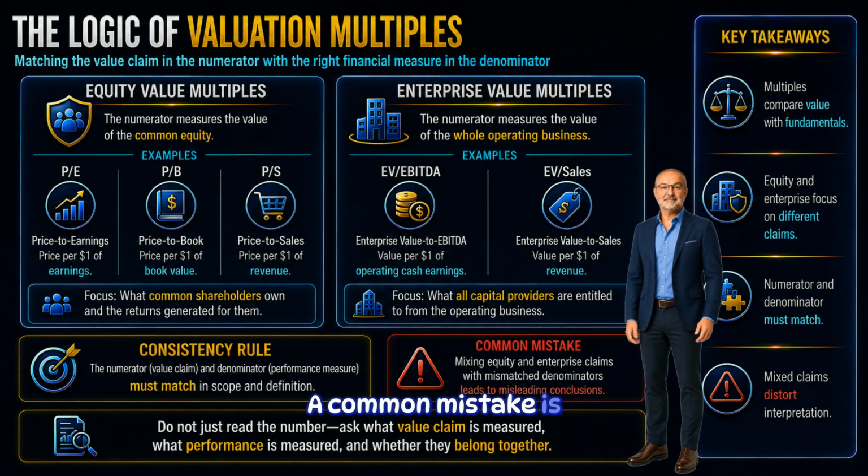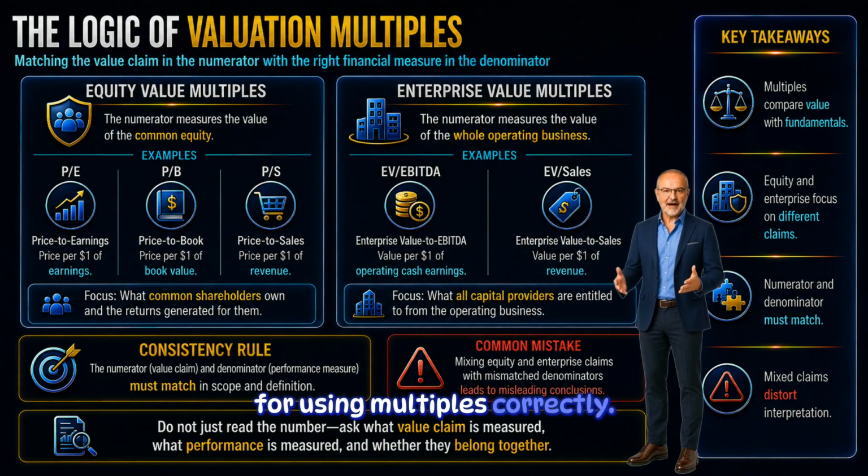A common mistake is mixing claims. That can make a company look cheaper or more expensive for the wrong reason. So, when you see a valuation multiple, don't just read the number. Ask what value is being measured, what financial performance is being measured, and whether those two belong together. That is the foundation for using multiples correctly.